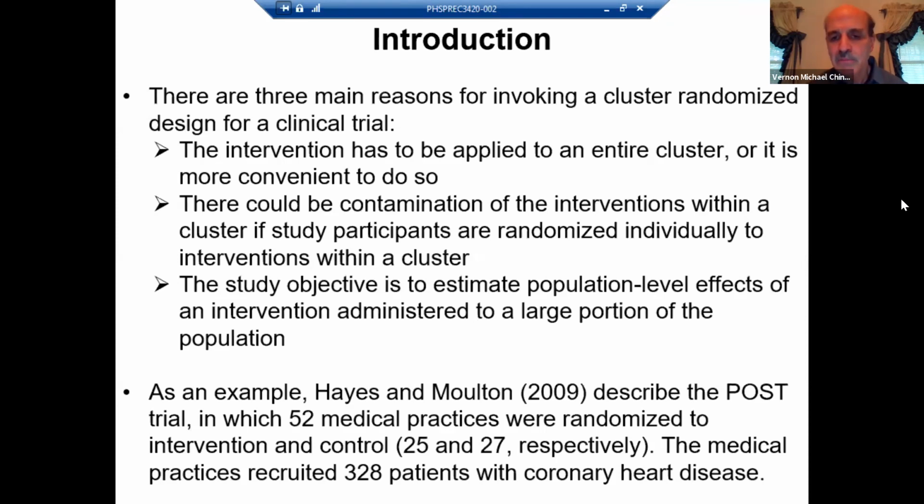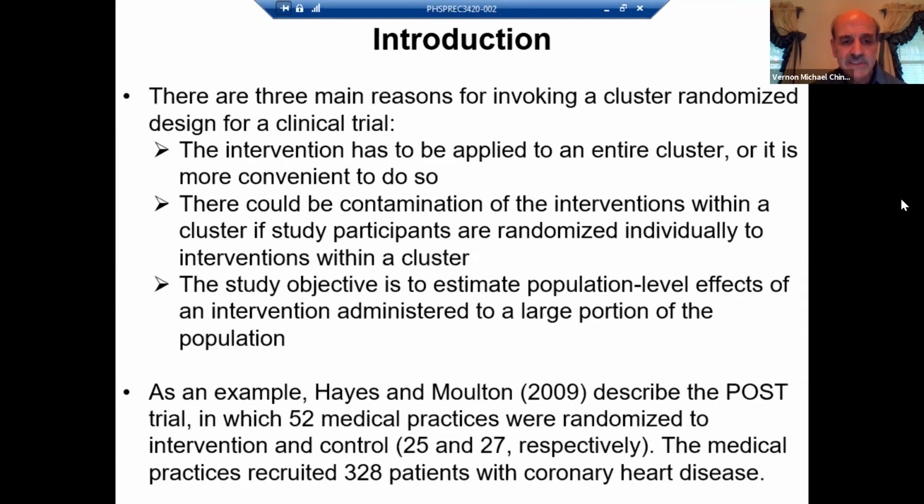If they're randomized to placebo or to some control, they may learn about what the actual intervention is and may actively participate in that intervention. So in many circumstances, the researchers are worried about this type of contamination of the interventions, and that's why cluster randomization might be more appealing in that circumstance.